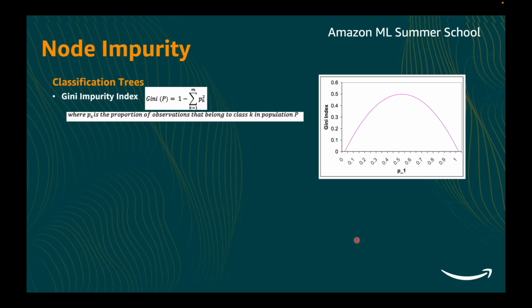For that node, we have to calculate the Gini impurity value, and that is calculated using 1 minus the square of the fraction of examples falling into each class, and we sum that over all classes.